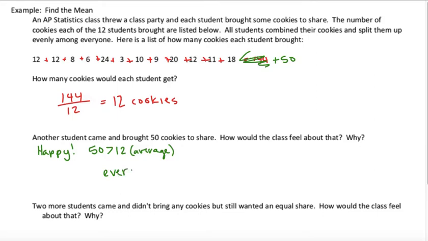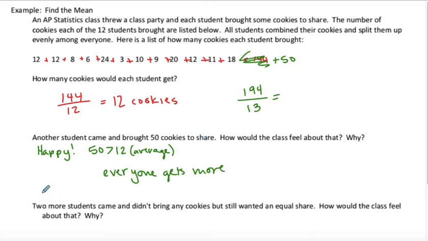Everyone gets more. So even though we're now dividing by 13, so we would take 194 divided by 13 and get our new average, we're still increasing that average here. So we've increased our sample size. We have 13 students and not 12, but because they've brought more than average already, now we're increasing that almost to 15 cookies each at 14.9.